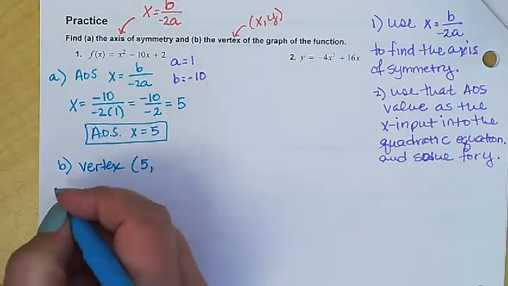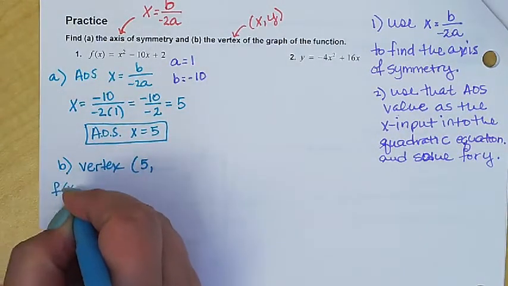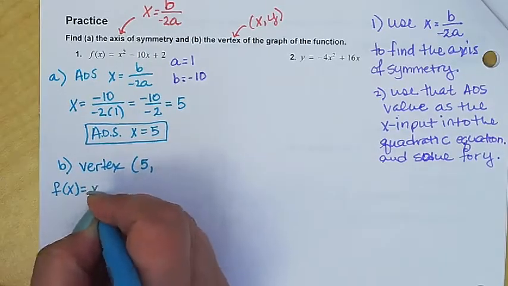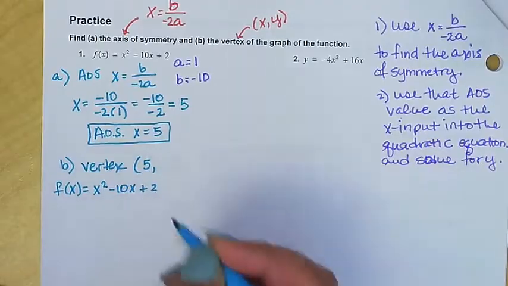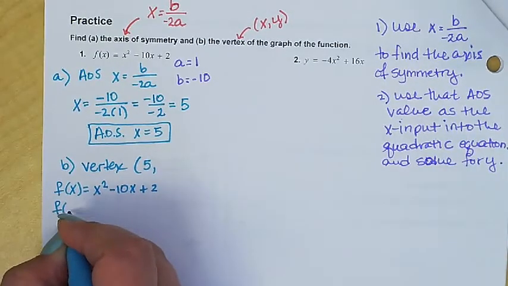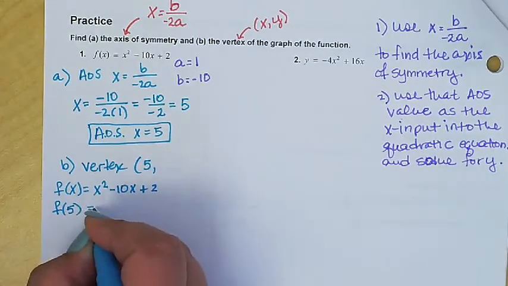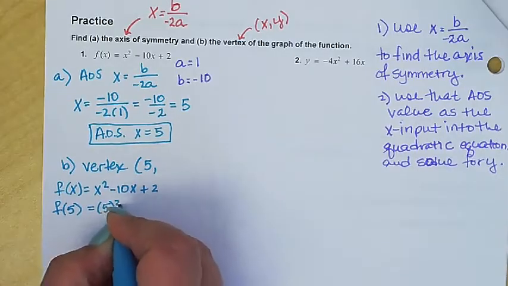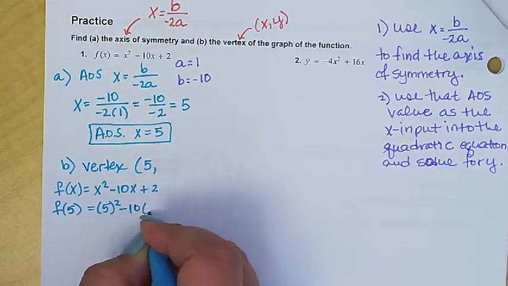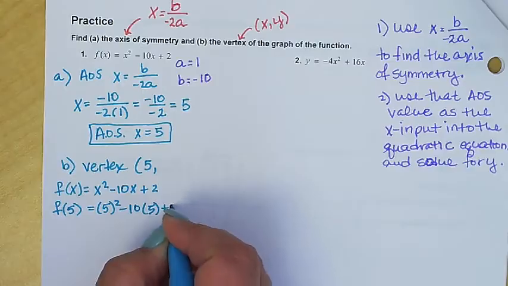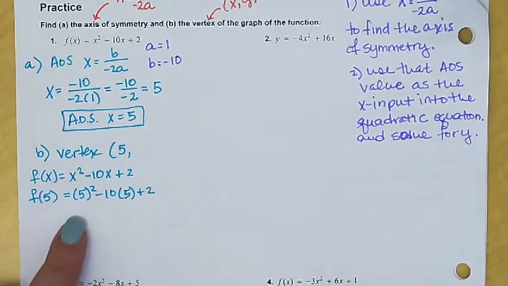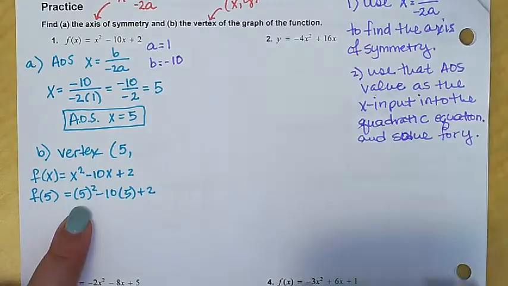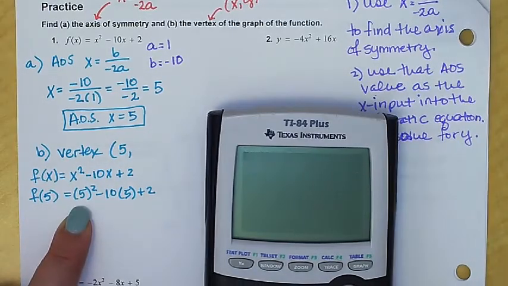So I'll just take our original function, f of x equals x squared minus 10x plus 2, and I'll insert a 5 for x and solve. So I'm just going to evaluate this. Make sure you're hugging that input in parentheses every time. It makes a difference. Then we just solve that out, and you are welcome to grab your calculator or do that by hand.